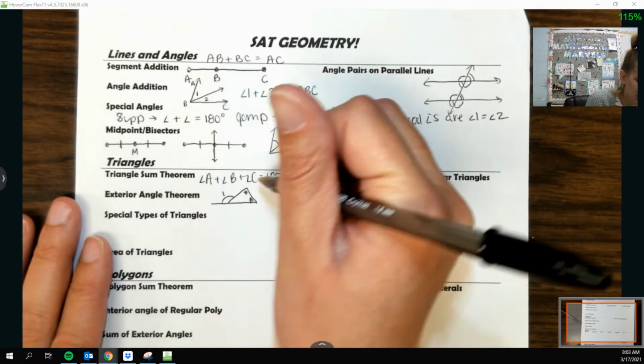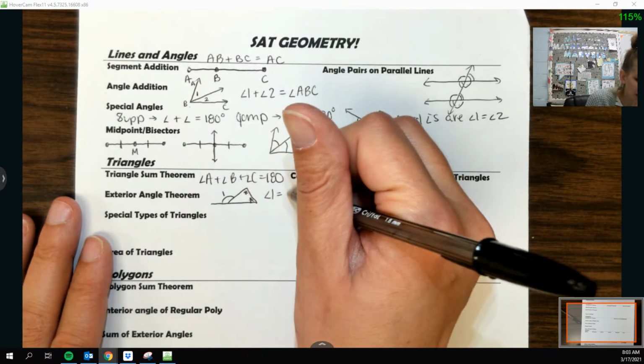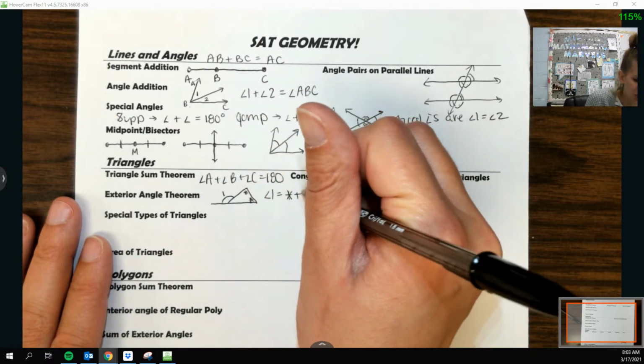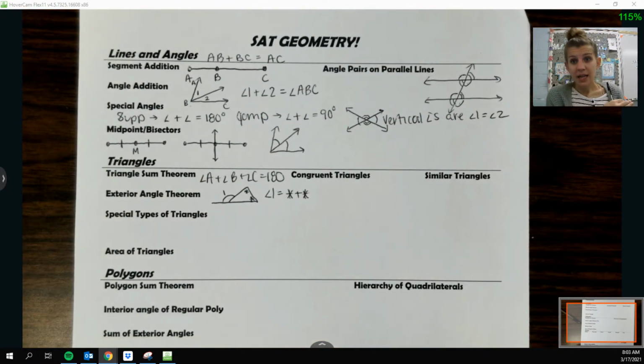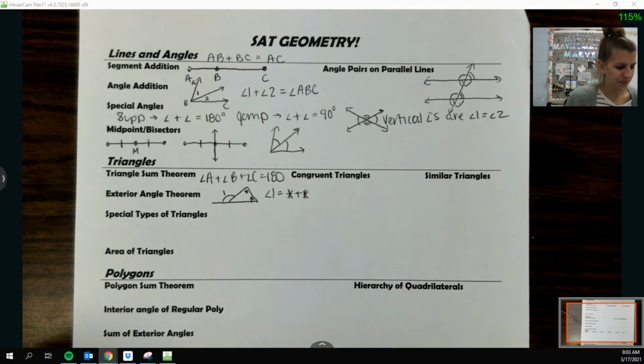So if we call this angle 1 here, angle 1 is equal to the two starred angles added up. So the outside angle is equal to the two non-adjacent inside angles together.